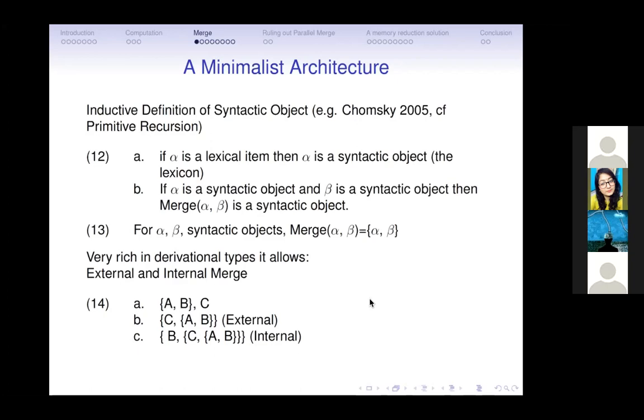All right, so we've got a very simple system. We've got some basic primitive objects, things in the lexicon. We've got a very simple operation, merge. That gives us a set of expressions which are of the right kind of type to give us what the expressions of a human language look like. They're unbounded, you can have as many as you like. They're structured, we know syntax is structured.